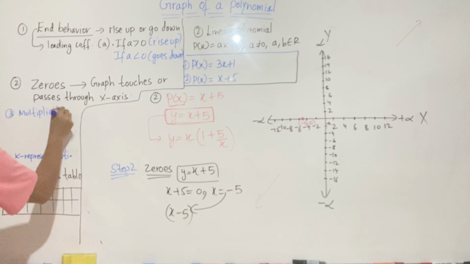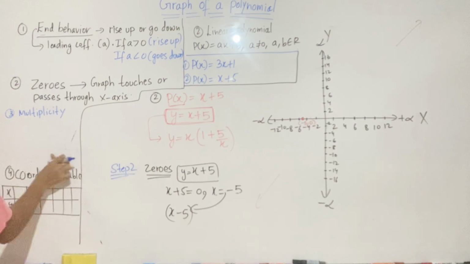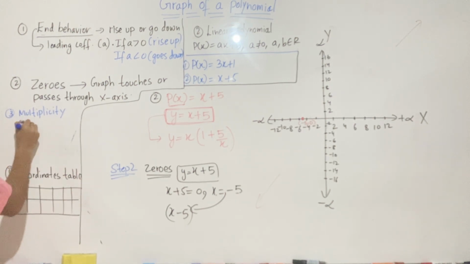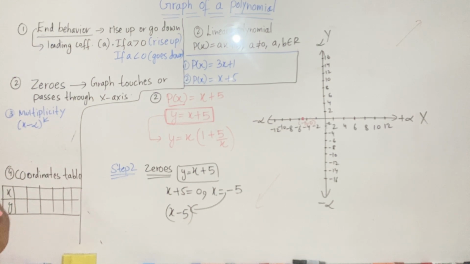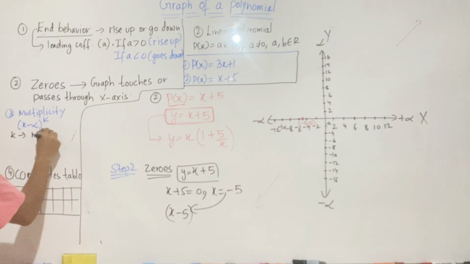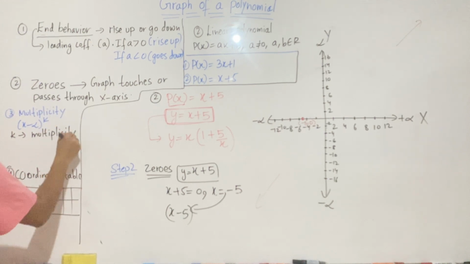So multiplicity of zero is represented by (x minus alpha) to the k. K represents multiplicity. What does it mean?